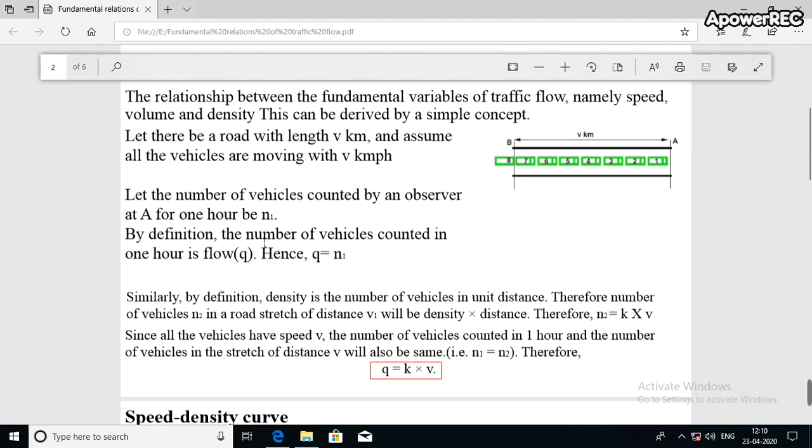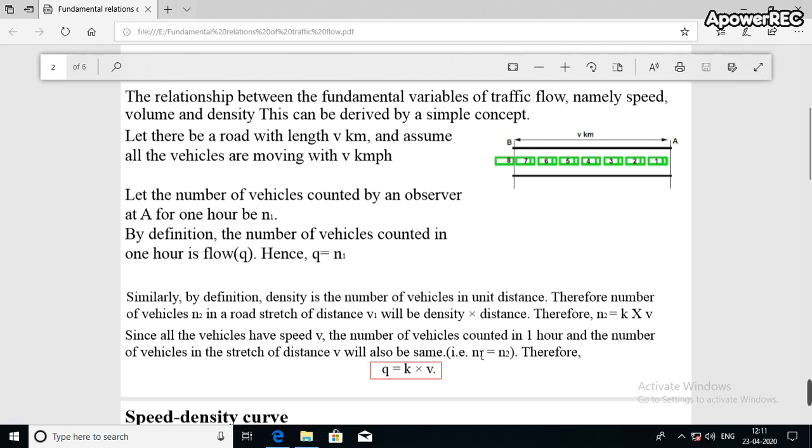Now, suppose one vehicle is moving from point A to point B in the given picture, which is v kilometers apart, and it takes 1 hour to reach from A to B. That means the speed of the vehicle is small v.